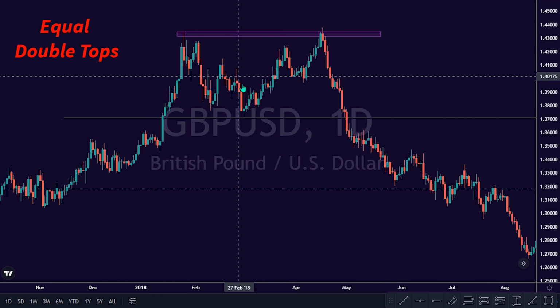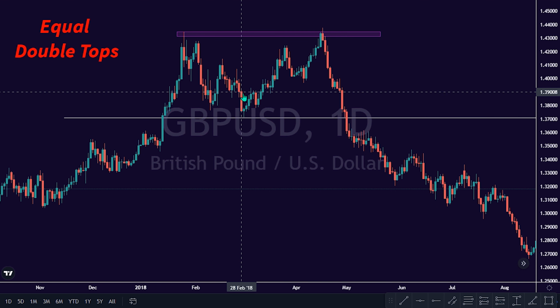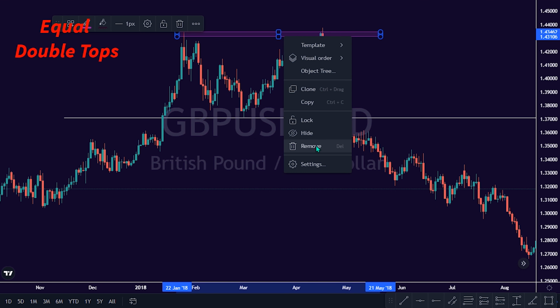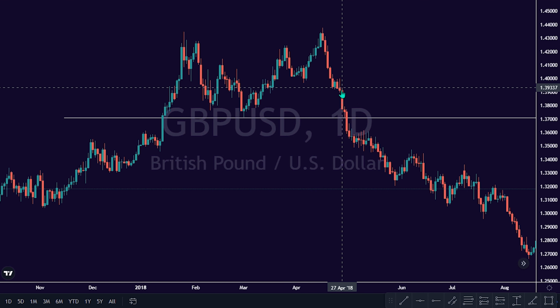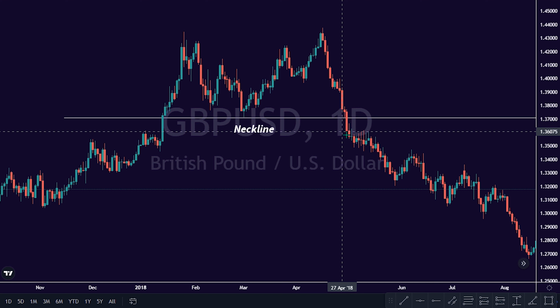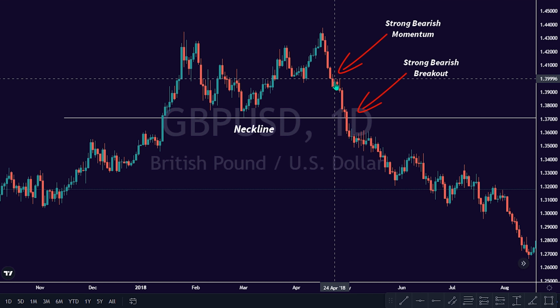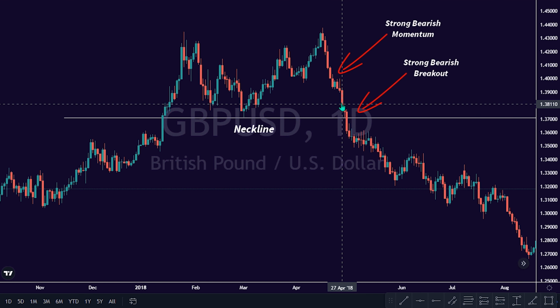How can we trade the double tops? To trade the double tops, the first step is to ensure a bearish close of price below the neckline of the chart pattern. Once this occurs, we need to study the volume breakout of the neckline and the bearish momentum that leads to the bearish flow to the neckline structure.